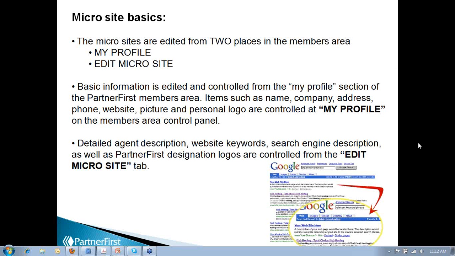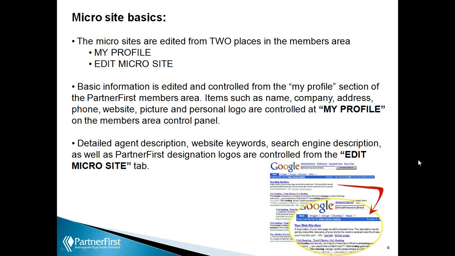So with that said, the next portion of editing the microsite is the detailed agent description, your website keywords, your search engine description, as well as PartnerFirst designation logos such as your PSC certification, your HAFA specialist certification, PSC mastery, or your Fair Debt Collections Practices Act training logo for the courses that you have taken. You can control which ones show on your website through the control panel on Edit Microsite.